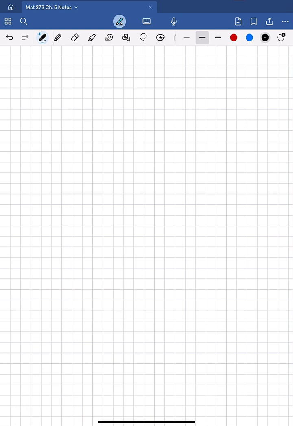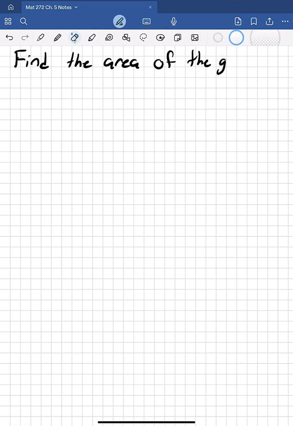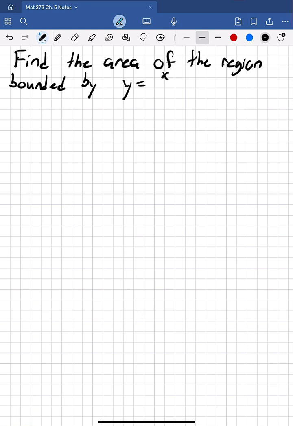Since integrals are all about finding area, let's find the area of the region bounded by y equals x over x squared plus 1, x equals 0, and x equals 3.